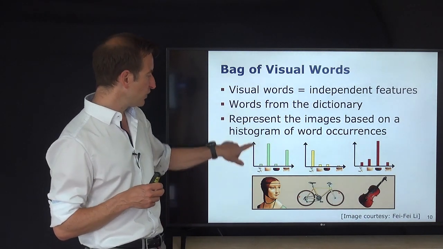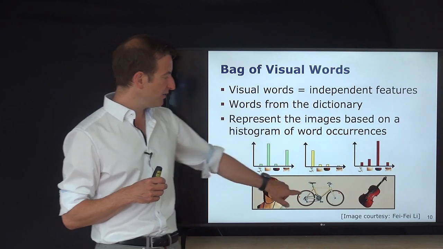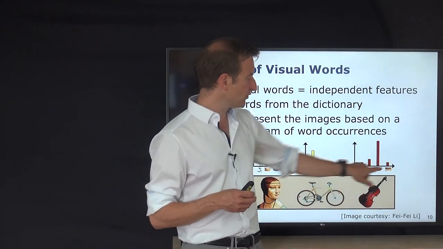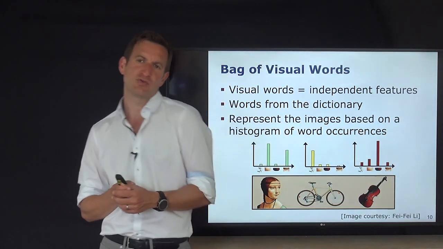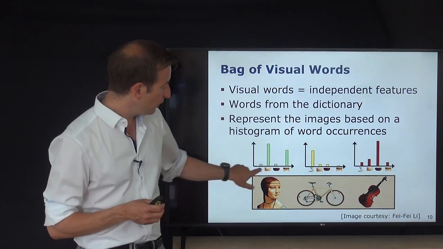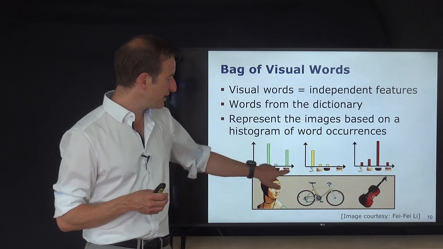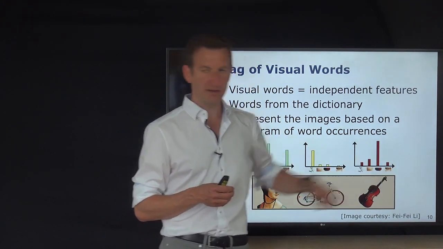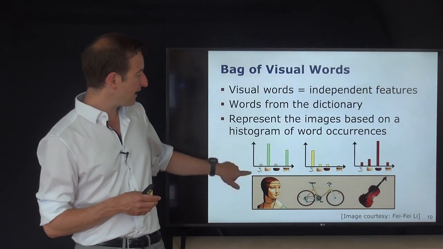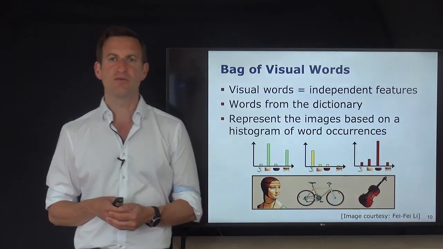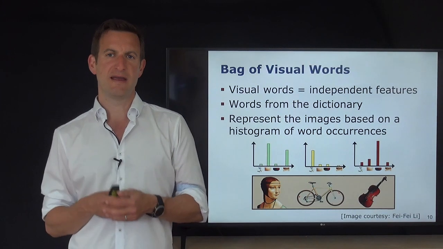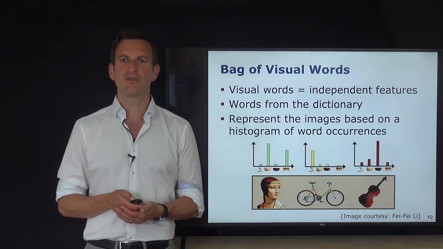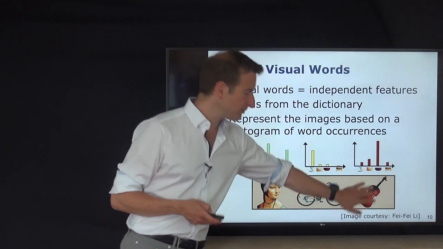So this image would have a histogram which looks like this, and the music instrument will have a distribution which roughly looks like this. Here we have our visual words, all the allowed words, the whole dictionary, sitting on the x-axis of the histograms, and the y-axis counts how often those visual words appear in that image.